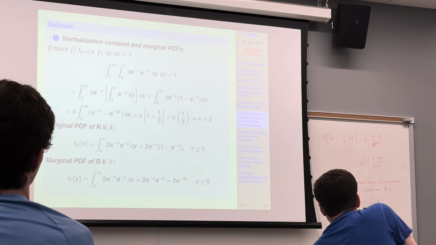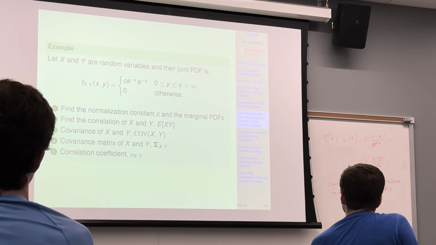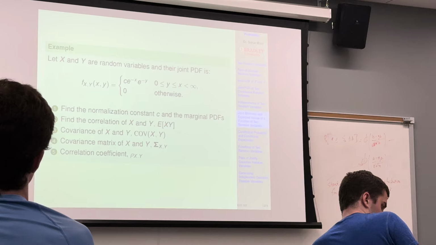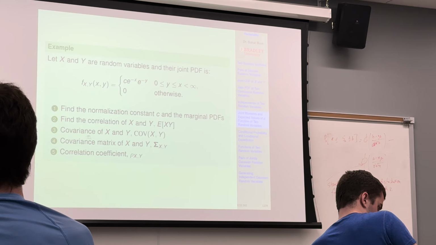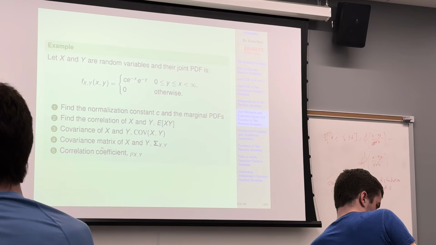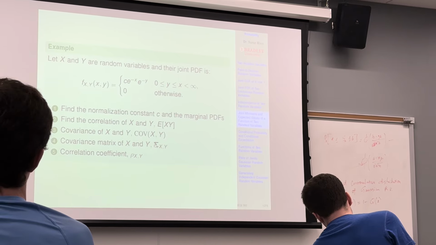So I customized this example to summarize all the theory on joint PDF and jointly continuous random variables that we talked about. It's very important here: we talk about correlation, how to find the covariance, and how to find the covariance matrix, which is sigma.